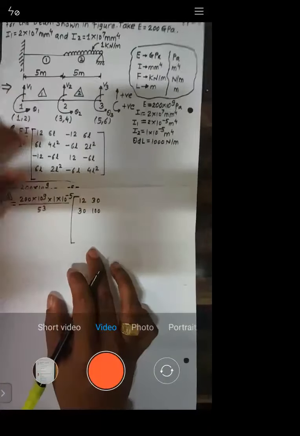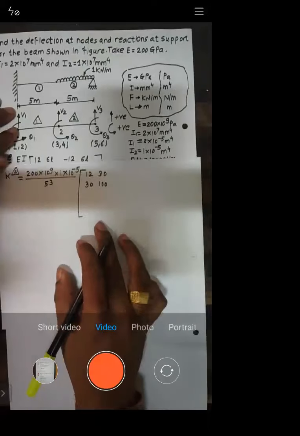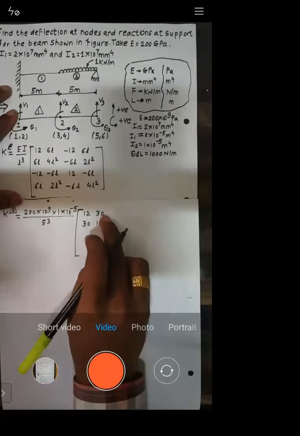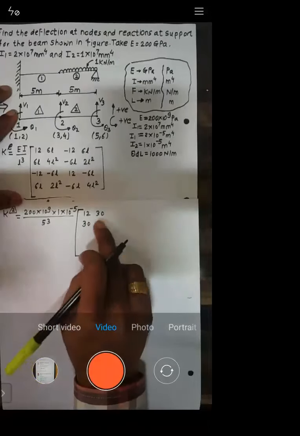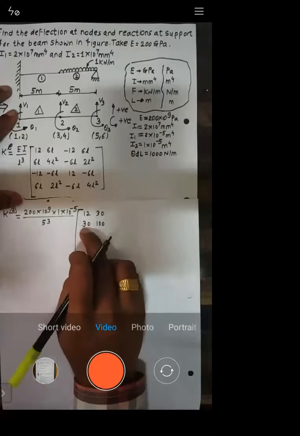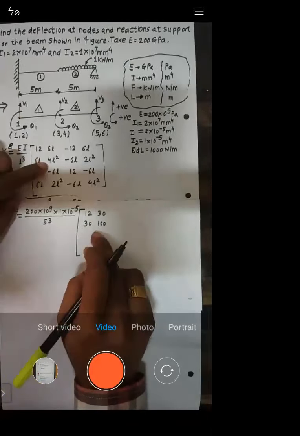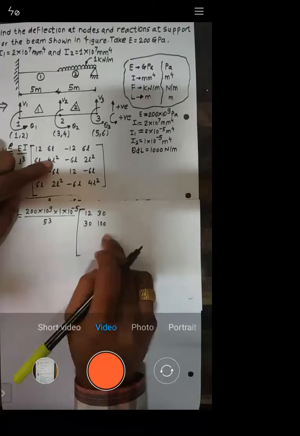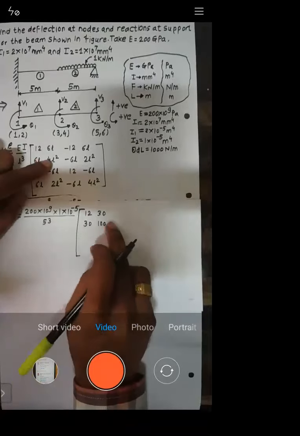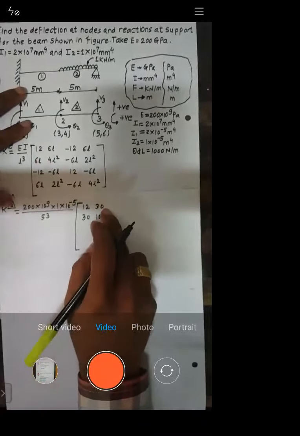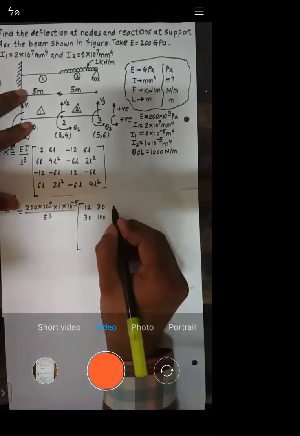Now see, I have written this matrix, right? 12 into 6 into L, L is 5, so 6 into 5 is 30. Again, this is 6 into L, that is 30. And 4 into L square, 4 into 5 square, 25 into 4 is 100, right? So I need to copy it the same.